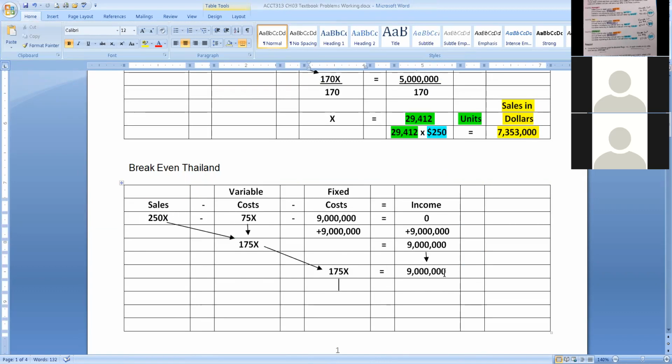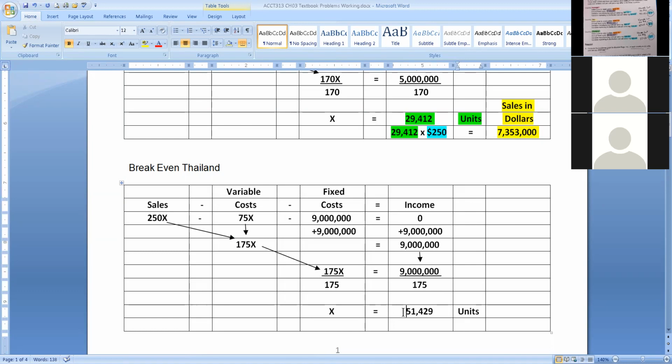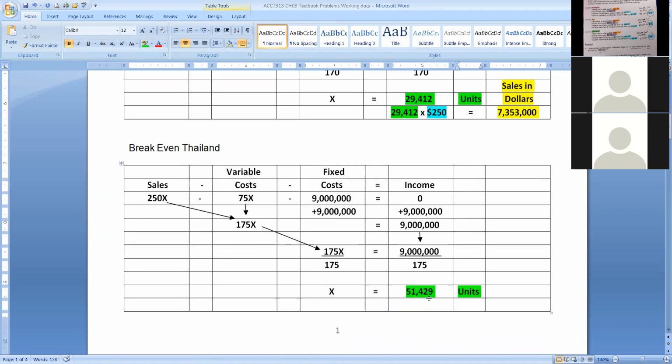Okay, so we have 175 equals 9 million. Divide both sides by 175. $51,429. So this is what the unit sales would have to be.